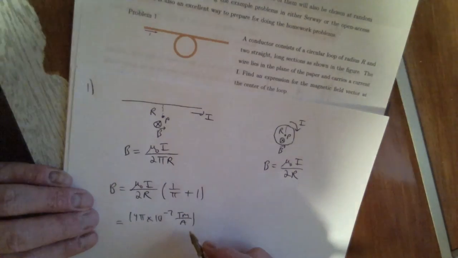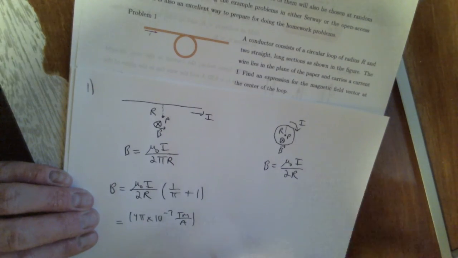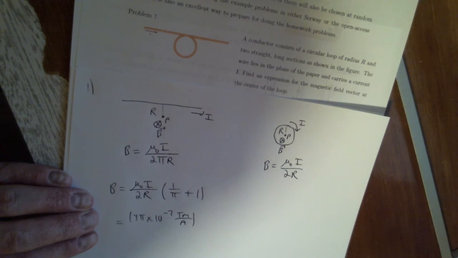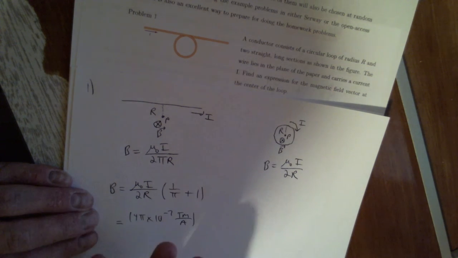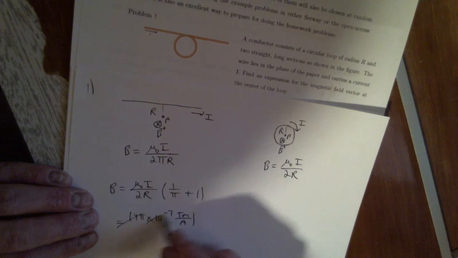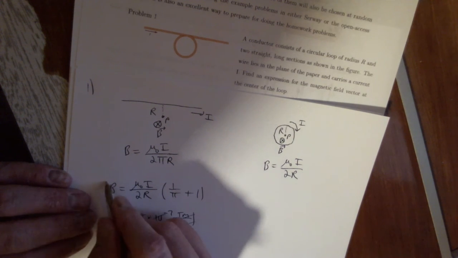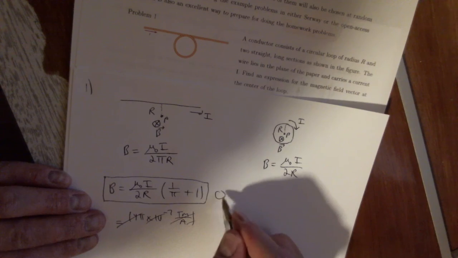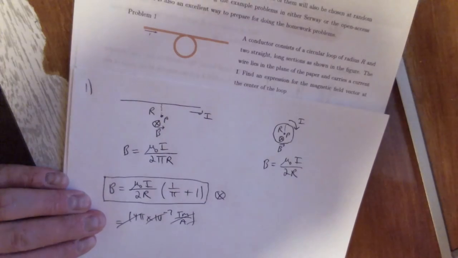The current, well, we're not given a number, so we just want to find the algebraic expression. So scratch that. And this is the magnitude, and the direction is into the page, and that's it.